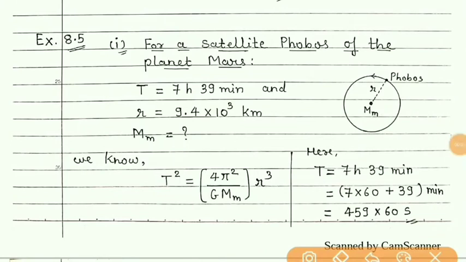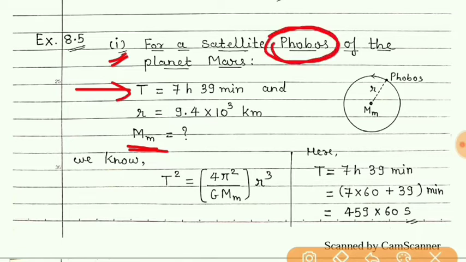So now students, let us first find the mass of Mars. The period of revolution of its satellite, that is Phobos, is given as 7 hours and 39 minutes. Also, the radius of the circular path of Phobos is given as 9.4 into 10 raised to 3 kilometer.